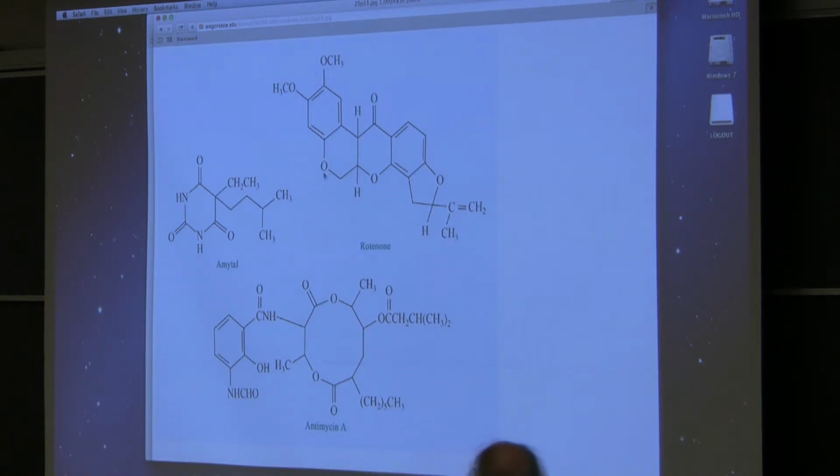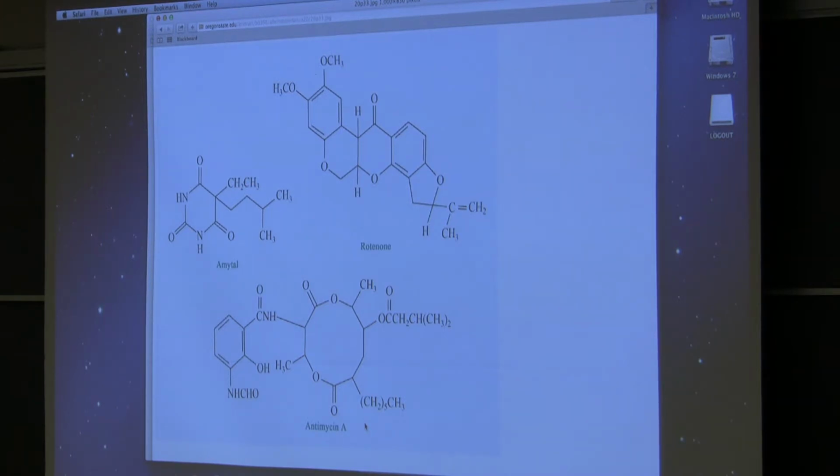Another one that inhibits complex 1 is amytal. Amytal and rotenone both will affect complex 1. Another one that affects the complexes, and it's more poisonous to us than rotenone, is antimycin A. Antimycin A will block movement of electrons through complex 3.